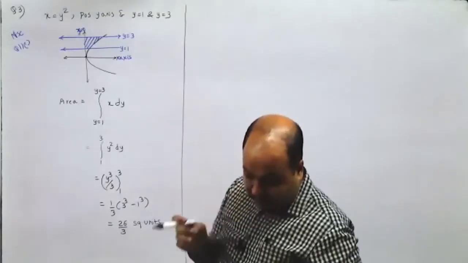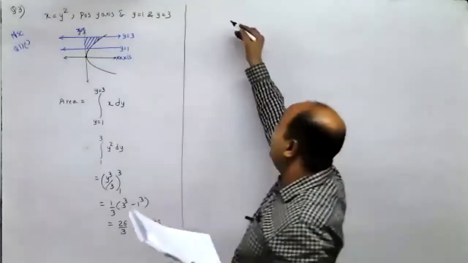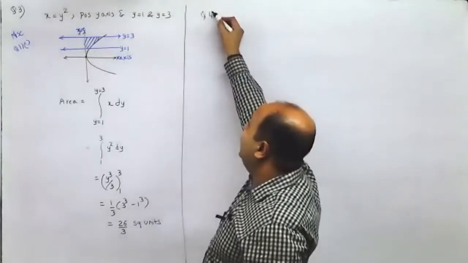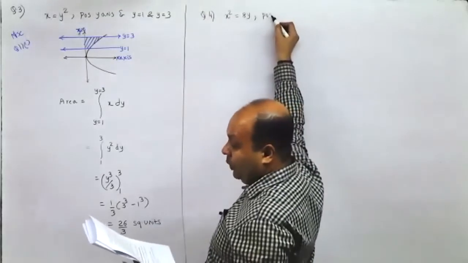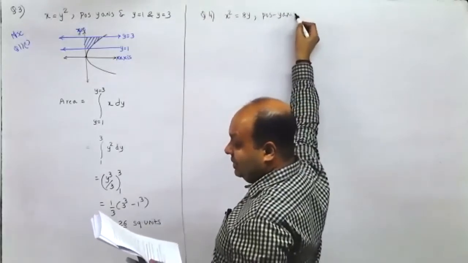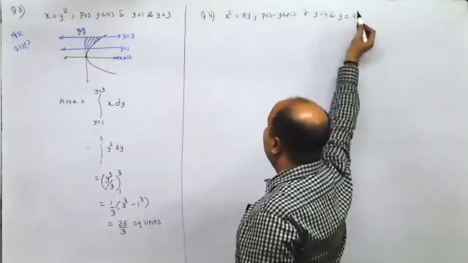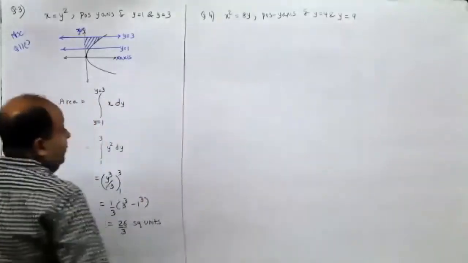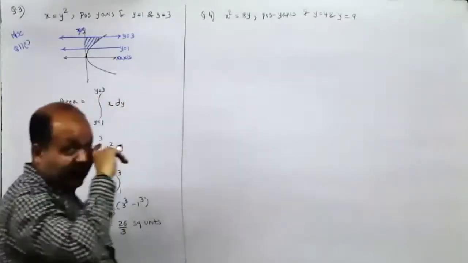Anyway, doesn't matter. Area of the region bounded by the curve x square equal to 8y, positive y-axis, and y equal to 4 and y equal to 9. First of all, only one of the variables is square, so it is parabolic.